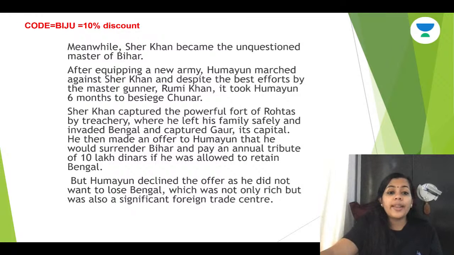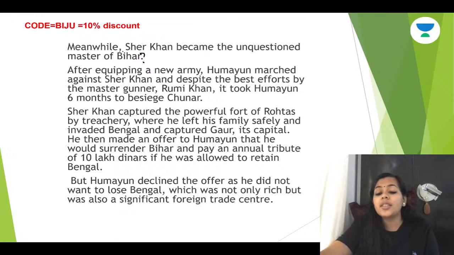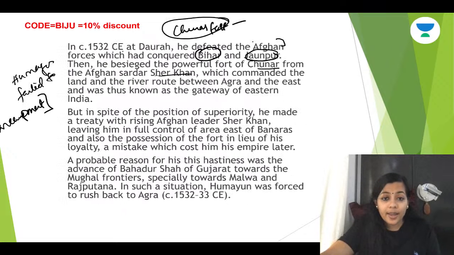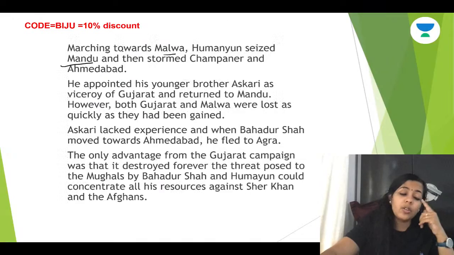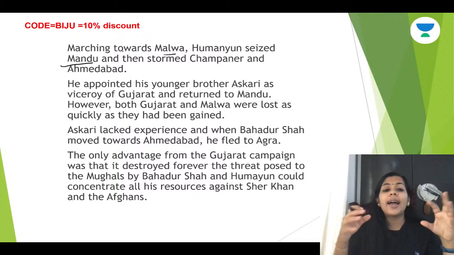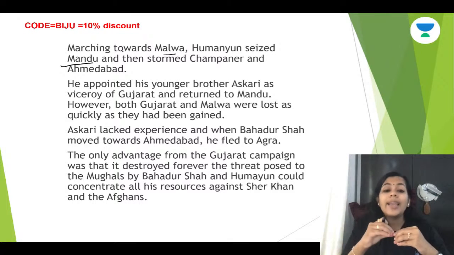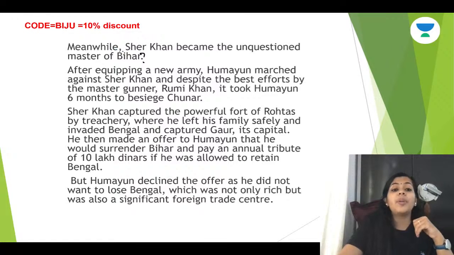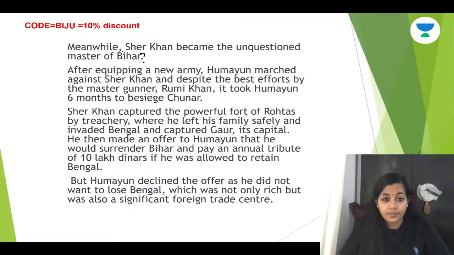So what happened? After some years, Sher Khan, who was in the budding stage in the early period and could have been easily crushed by Humayun, was left like that and grew like a very strong tree with strong roots in the Bihar area, a strong power in Bihar.